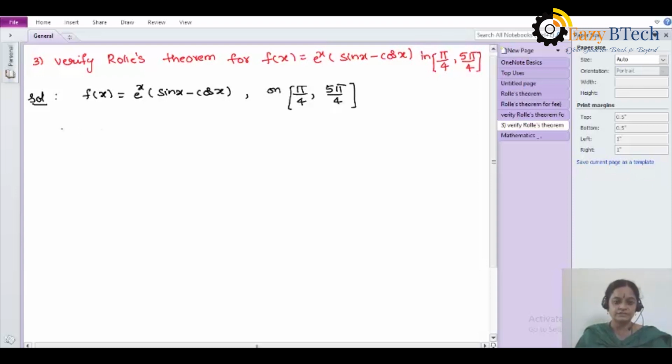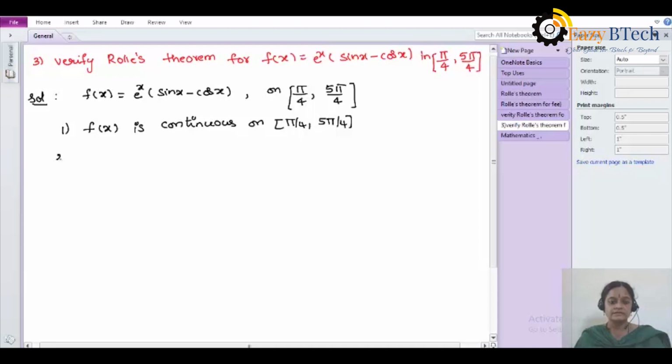The first condition: obviously it is a combination of trigonometric and exponential terms, then f of x is continuous on the closed interval pi by 4 comma 5 pi by 4.